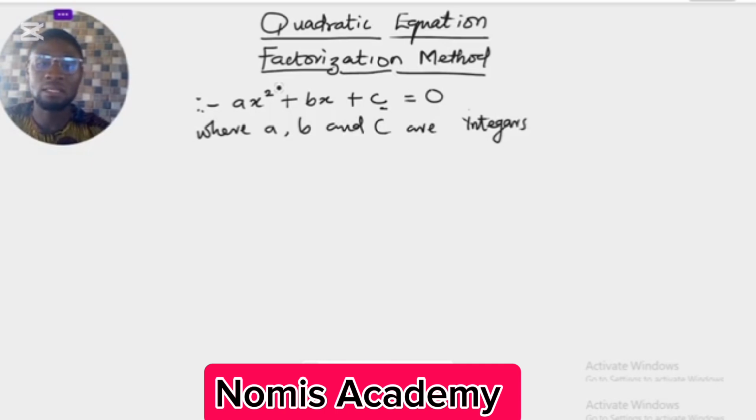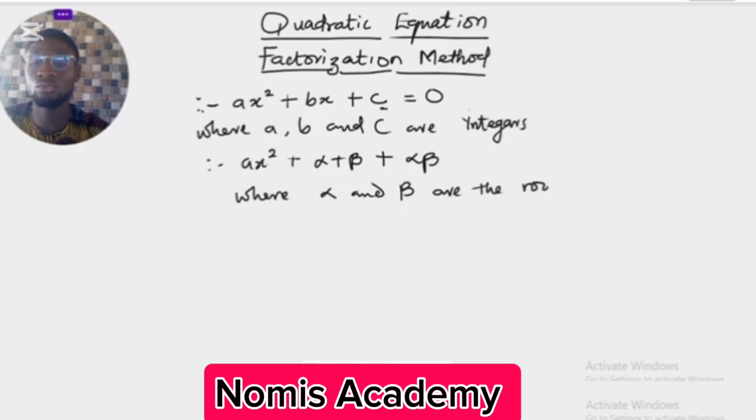such that the form of quadratic equation that we have above can be written as follows. If alpha and beta are the roots of the quadratic equation, then we say x squared minus alpha plus beta x plus alpha multiplied by beta.